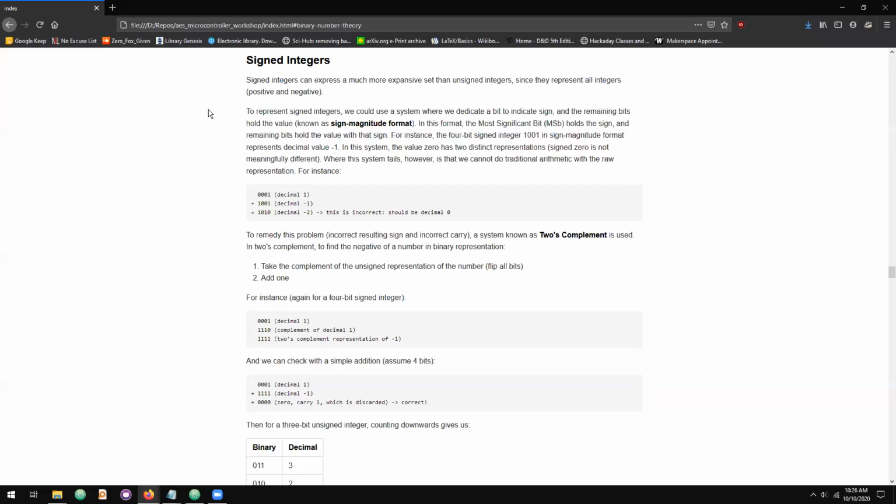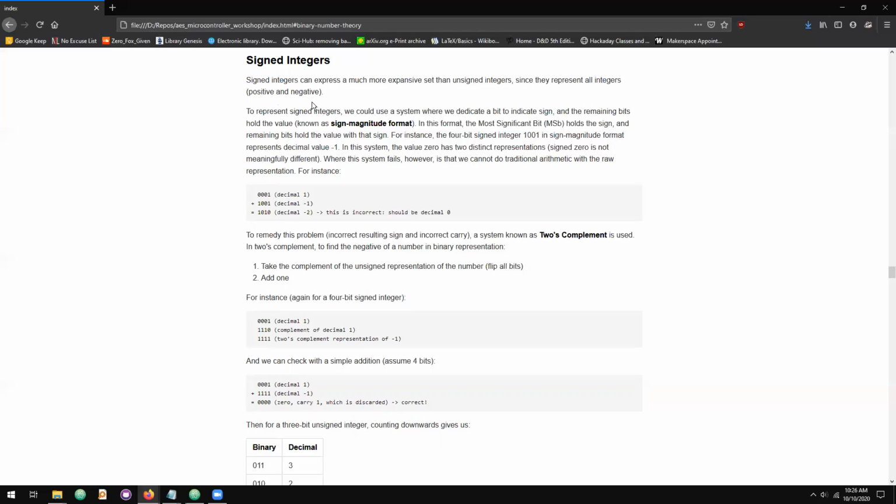However, if we're looking at just representing positive values, we have, because the other half of the integer value range that's representable using that same number of bits is used to represent negative numbers. So signed integers are a little more complex, so I'll go through it a little slower.